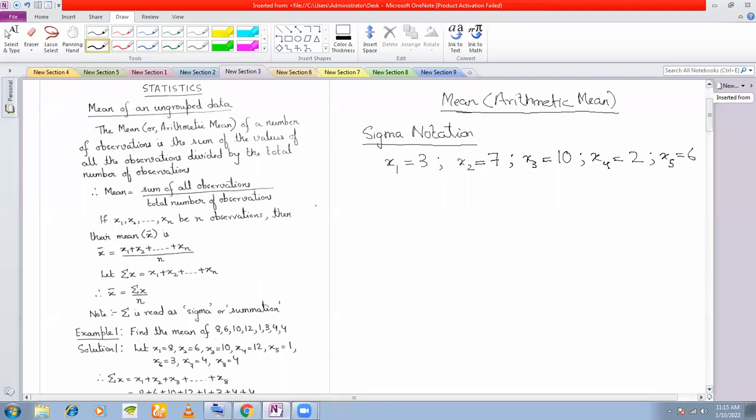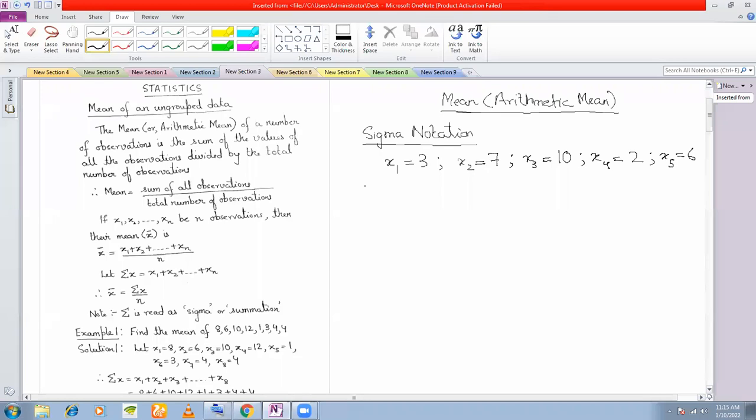Let us take these observations. Let us say these are ages of five students, or five children. Now see, x1, x2, x3, x4, and x5 are given to you.